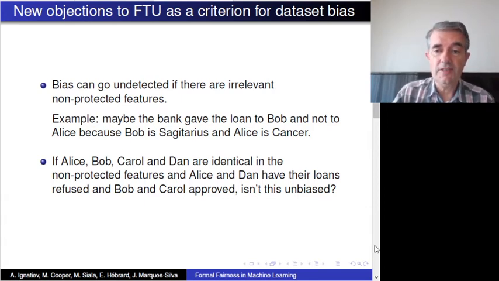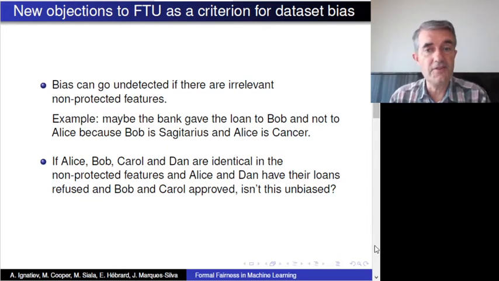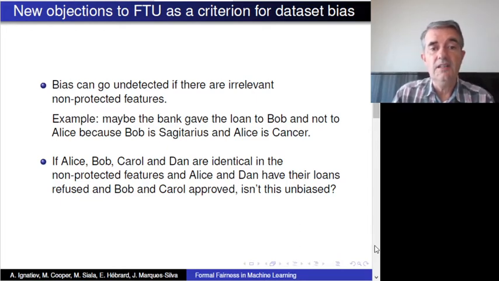Perhaps the decision to give Bob a loan and not Alice was just an arbitrary decision which had nothing to do with gender. We can see this if we have 4 people who are identical except for gender, Alice, Bob, Carol and Dan, and Alice and Dan have their loans refused, and Bob and Carol have their loans approved. So in this case, there are obviously arbitrary decisions, but is this data set biased or unbiased?